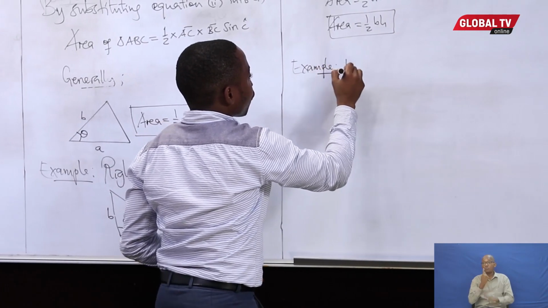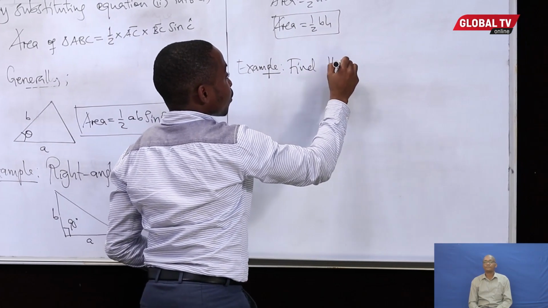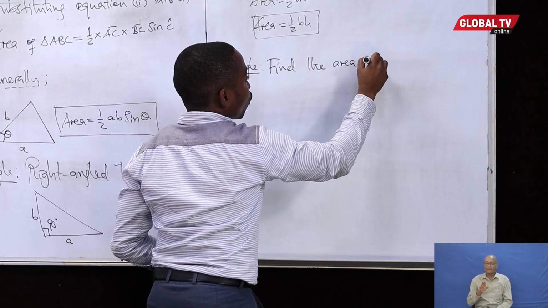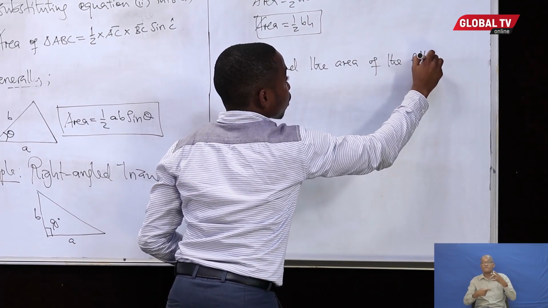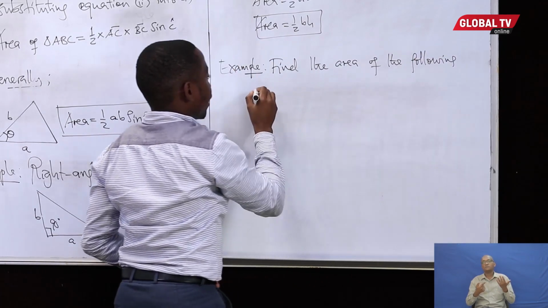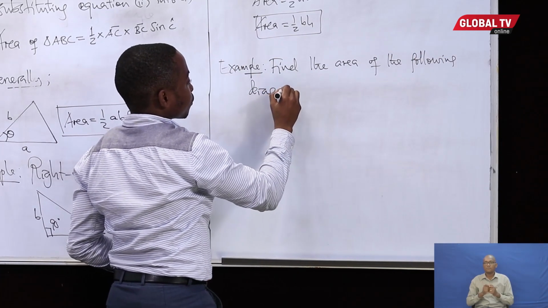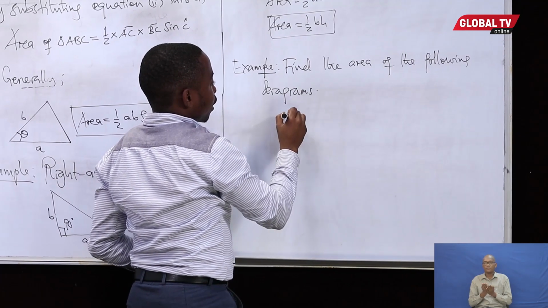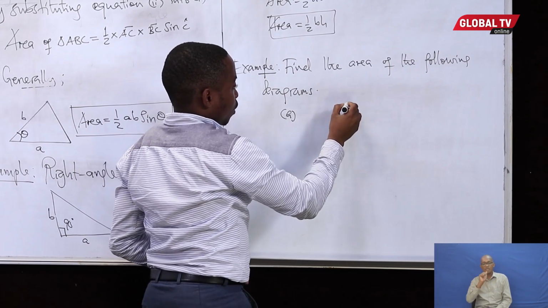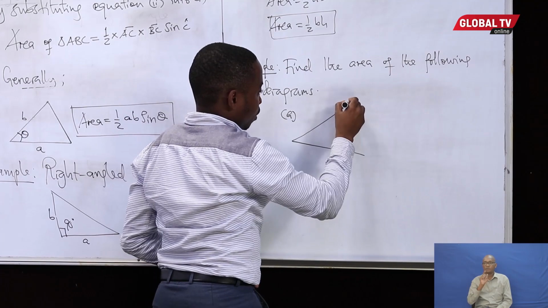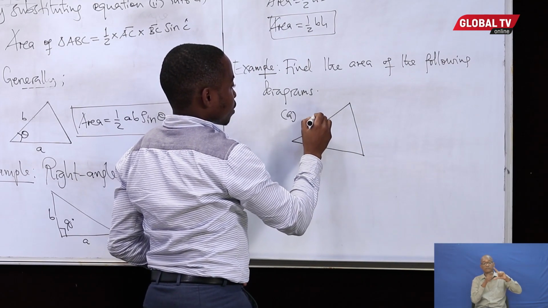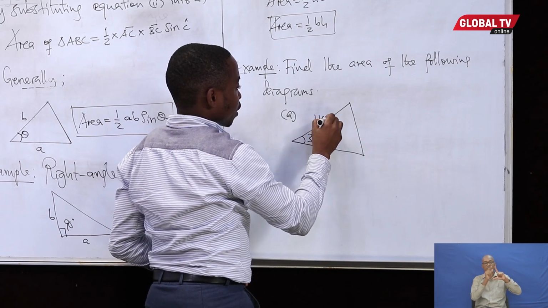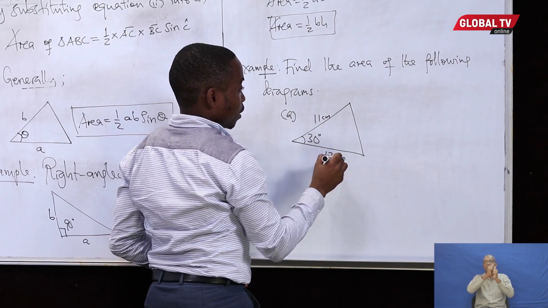Example 1. Find the area of the following diagrams. Diagram A, we have a triangle like this one. Here it is 30 degrees. Here it is 11 centimeters, and this one is 12 centimeters.